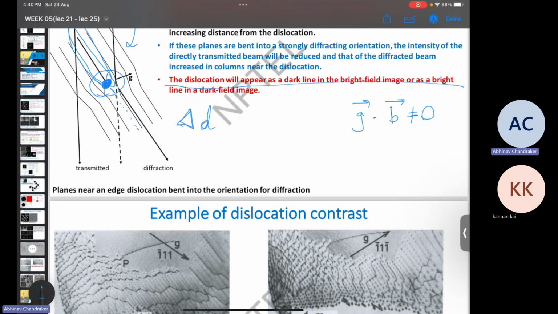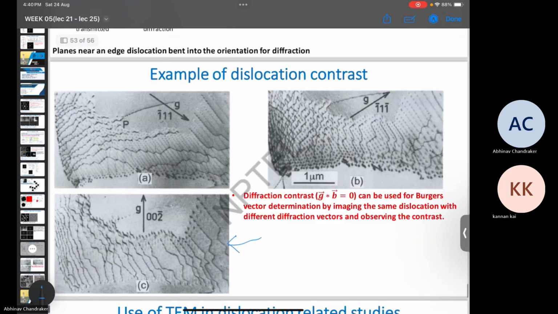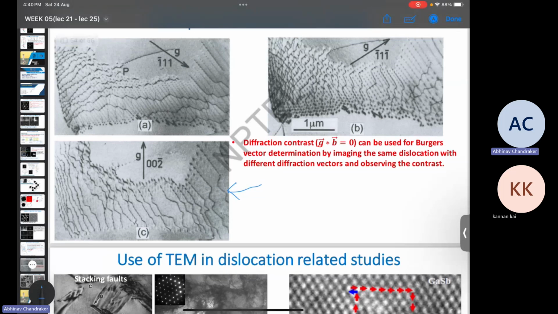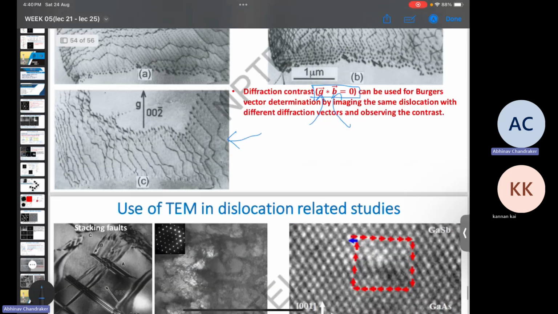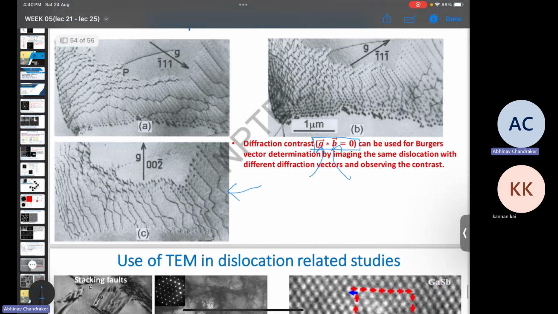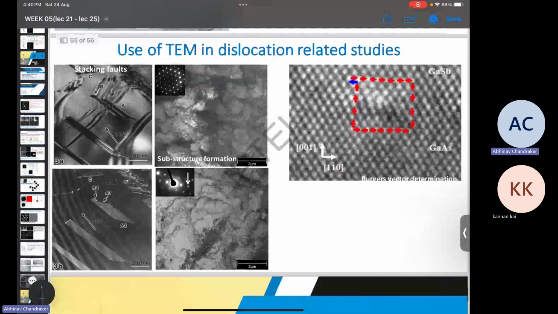It's written here, you can read it. Because of this scattering, we'll see some contrast, and this will only be seen when this particular condition is followed, G dot B, for that particular dislocation and the diffracting lattice plane. If G dot B is 0, then we won't see the dislocation, else we'll be able to see it.